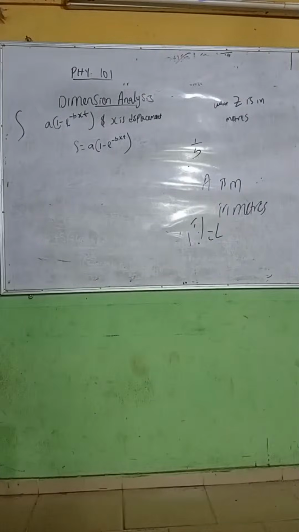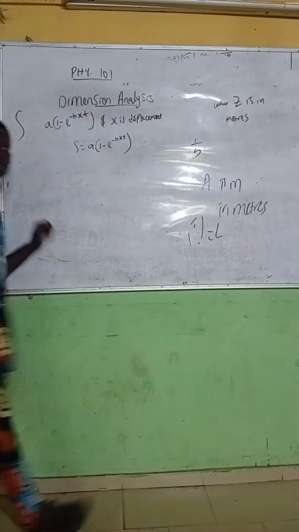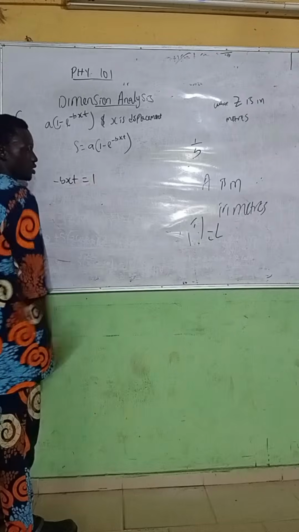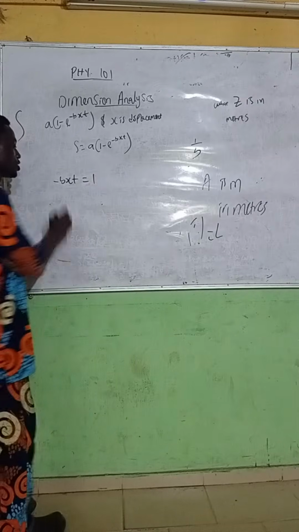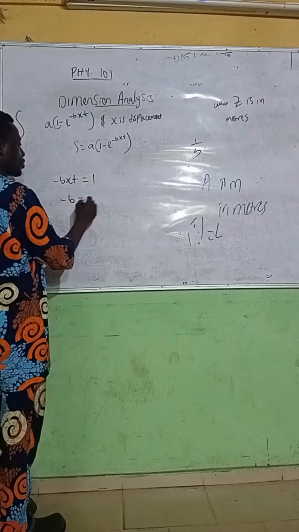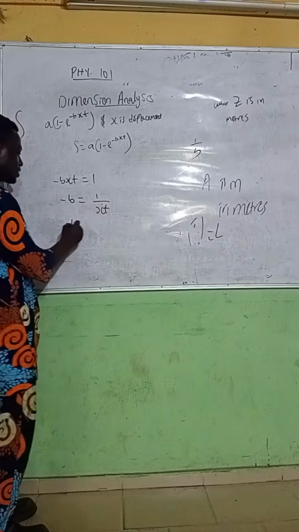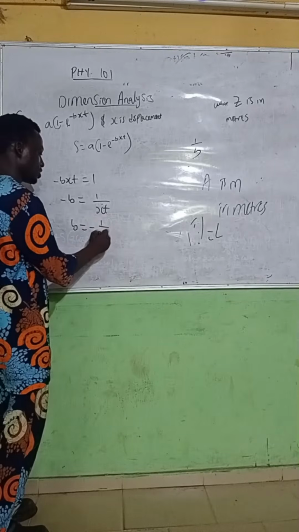Any power you have on top of a quantity must have a dimension of 1. So minus bxt equals 1. So minus b equals 1 over xt. That means b equals minus 1 over xt.